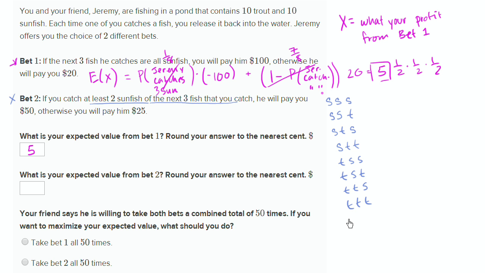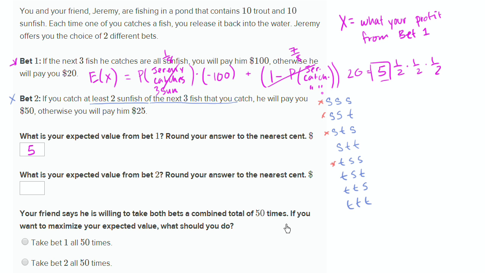Each time you try to catch a fish, there are 2 possibilities. So if you're doing it 3 times, there are 2 times 2 times 2, that's 8 possibilities here. Now, out of these 8 equally likely possibilities, how many of them involve you catching at least 2 sunfish? You catch at least 2 sunfish in this one, this one, that one, and this one.